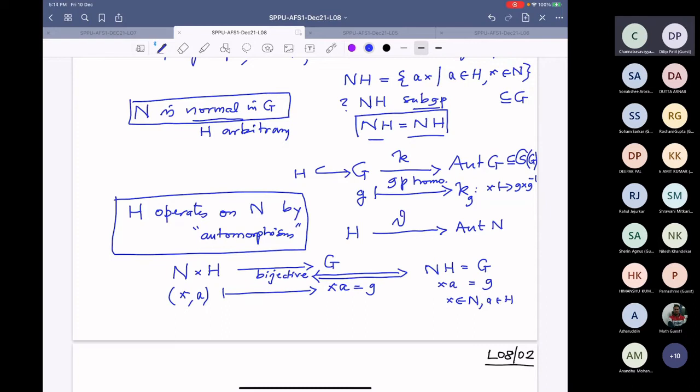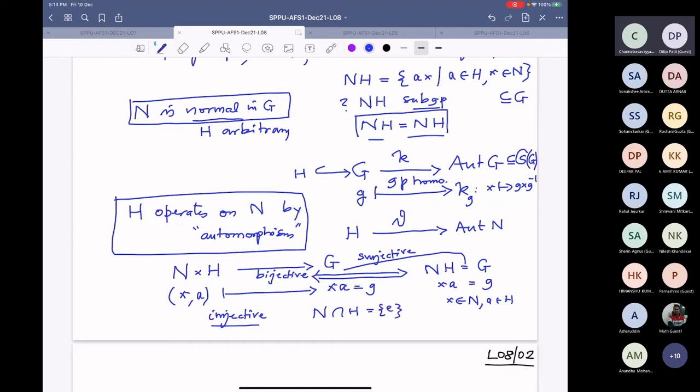So this equality is surjectivity of this map. Let us see what injectivity means. Injectivity means I say N intersection H is not empty, it is only the identity.